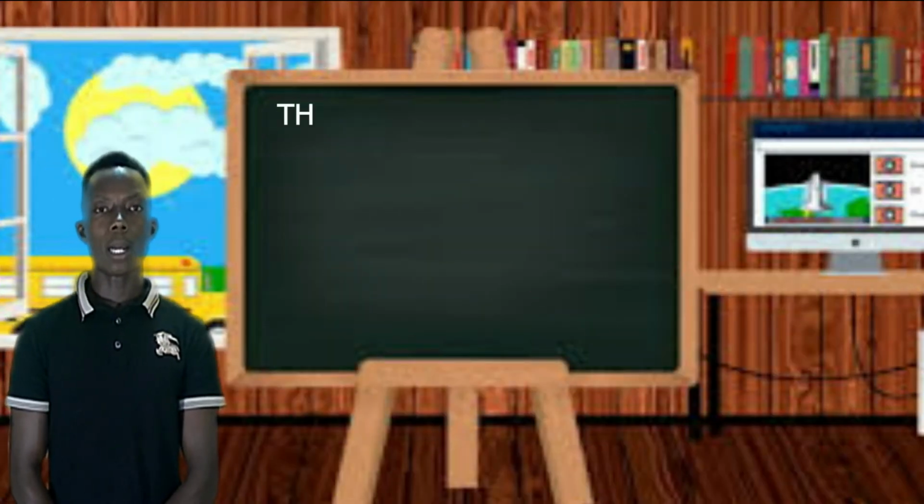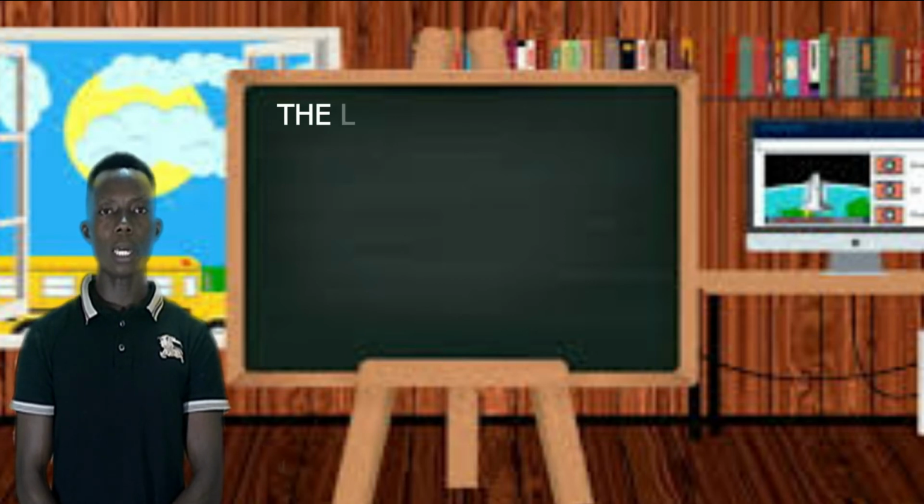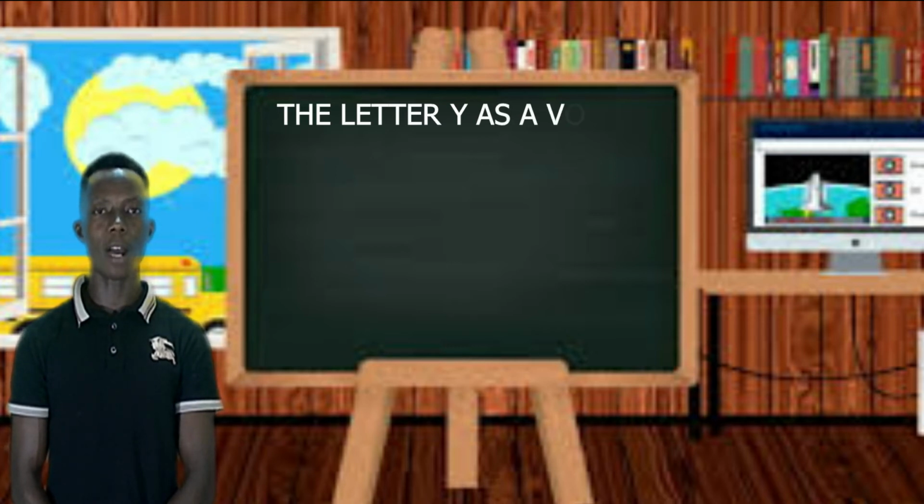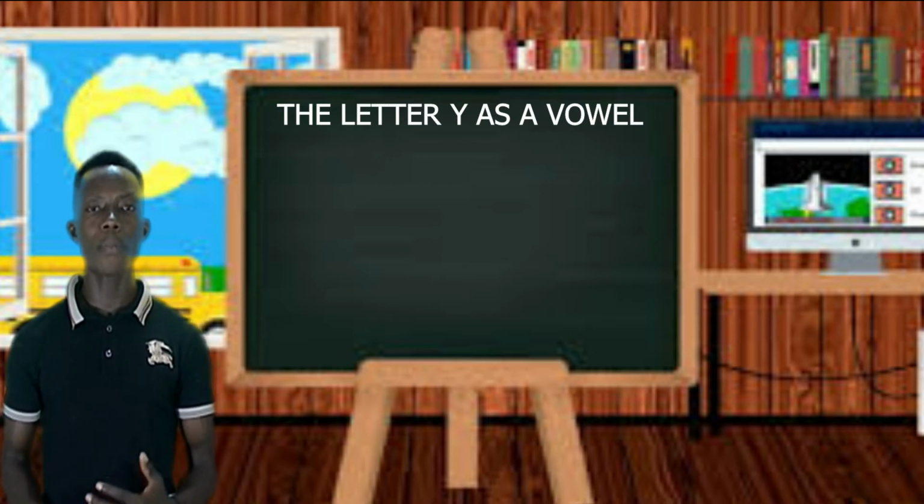You are welcome back. Today our lesson is on Y as a vowel letter. I mean the letter Y as a vowel letter. Sometimes the letter Y is a vowel or represents the vowel letter in some words.